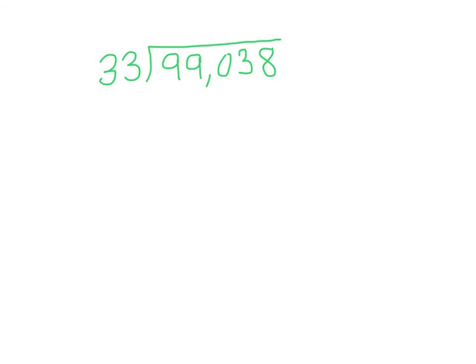Let's take a look at one last problem. I have 33 going into 99,038. My quotient is going to start here in the thousands this time because 33 can go into 99. 33 goes into 99 3 times, then I multiply. That equals 99, and I subtract and have 0.